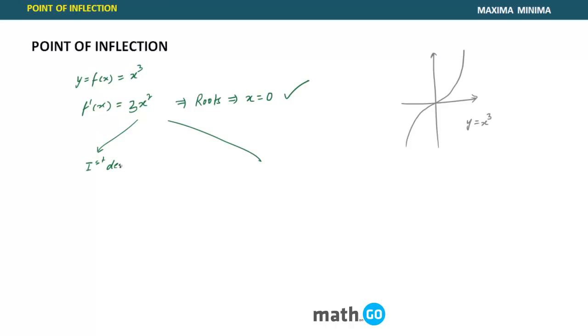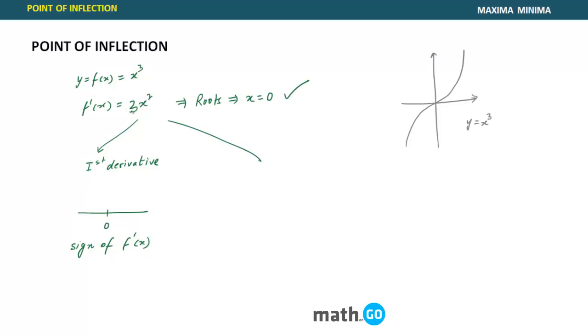The first derivative test was that you have to check the sign of f dash x about this root. Also keep in mind that you have to check the sign of f dash x, not the sign of f x. So if you put a value which is less than 0, that is negative, what will be the value of f dash x?